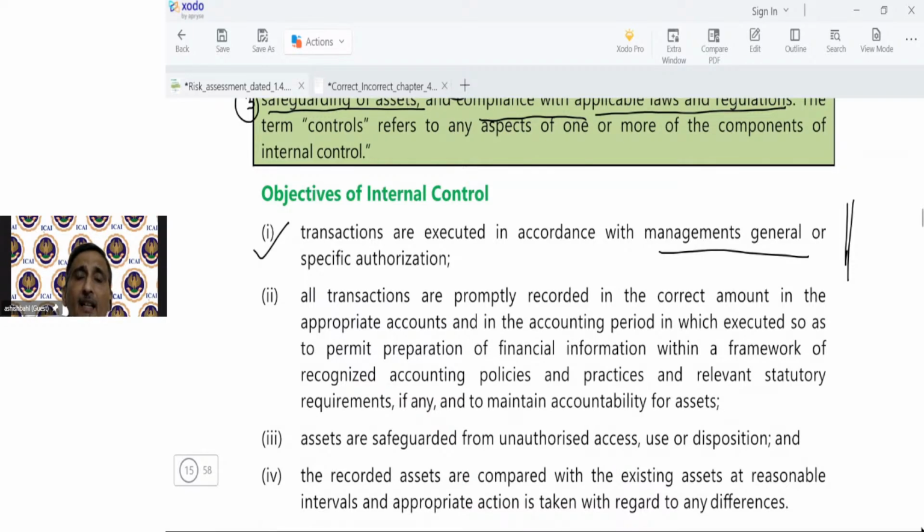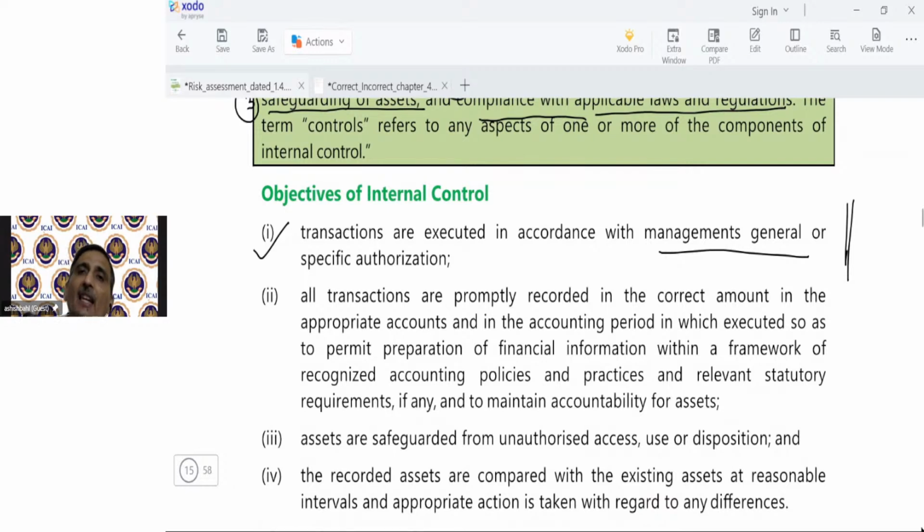If the management has said that this work is the duty of this person, then it is being performed by that person. So all the management instructions are executed in accordance with the management's general or specific authorization.